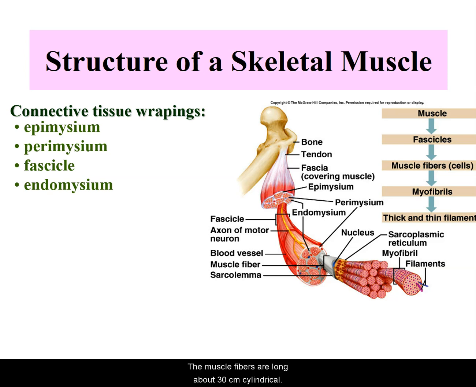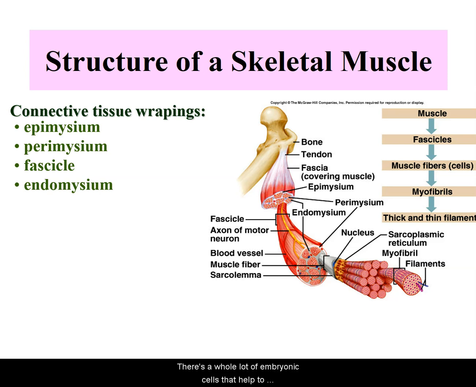The muscle fibers are long, about 30 centimeters, cylindrical, and have multiple nuclei. It's multinucleated, and we talked about that when we looked at those slides and talked about tissues. The reason it is multinucleated is thought to be because of syncytium.